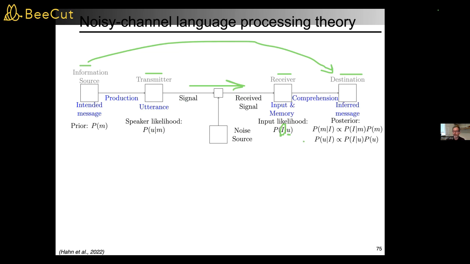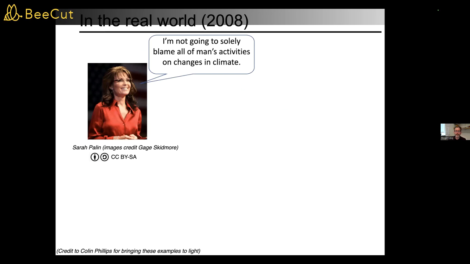I is the input to language comprehension after input and memory noise terms. And then the goal is to recover probabilistically the message and the utterance that were intended. Okay. And in the real world, it's amazing what noisy channel mechanisms can do. So Sarah Palin, for example, was famous.